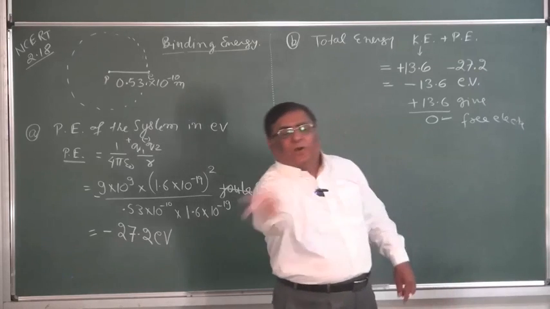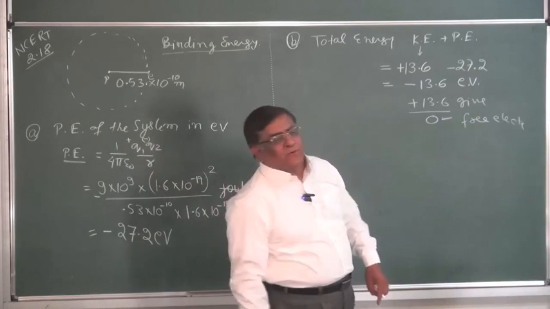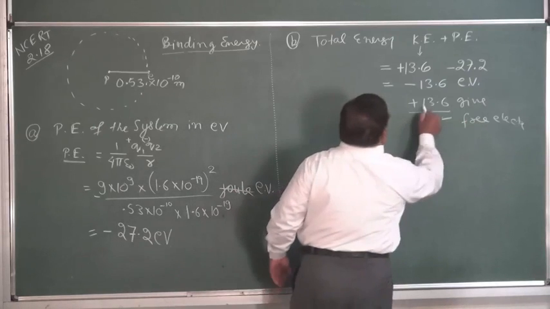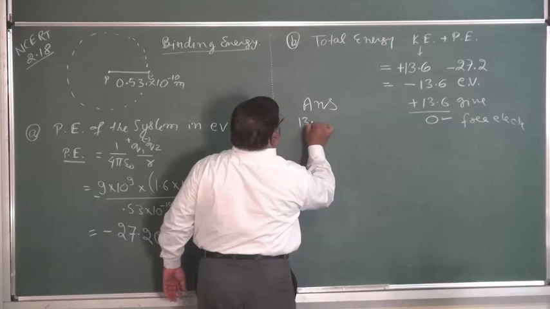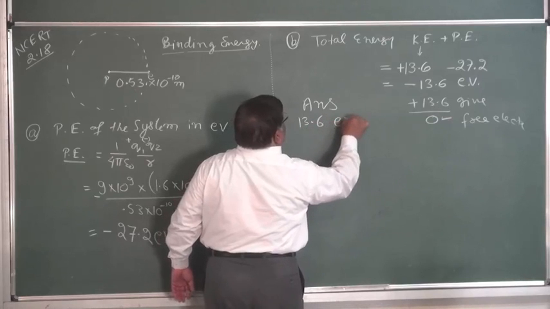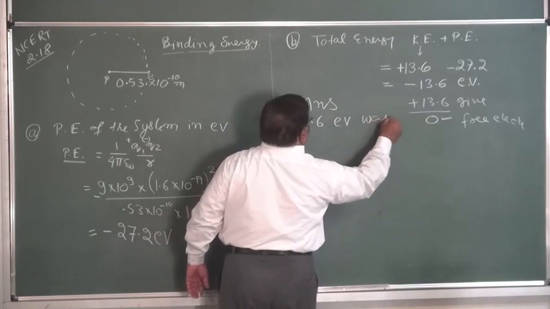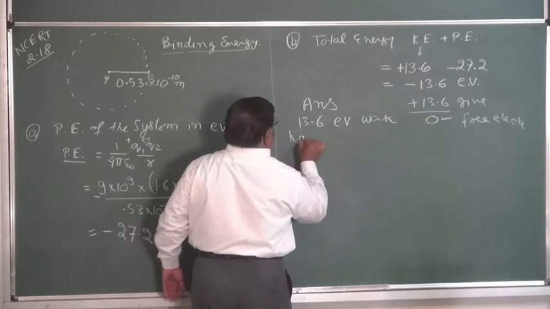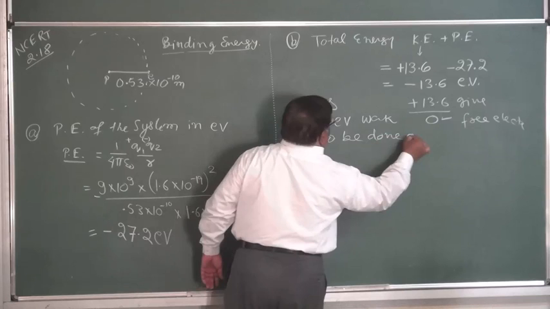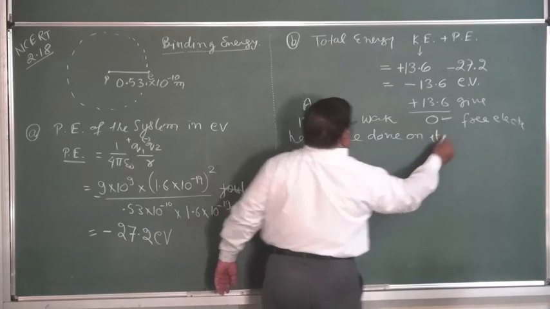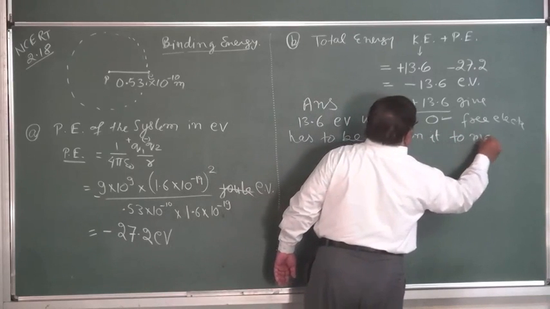Then it will fall out of it and go to the infinity. So our answer is 13.6 electron volt work has to be done on it to make it free.